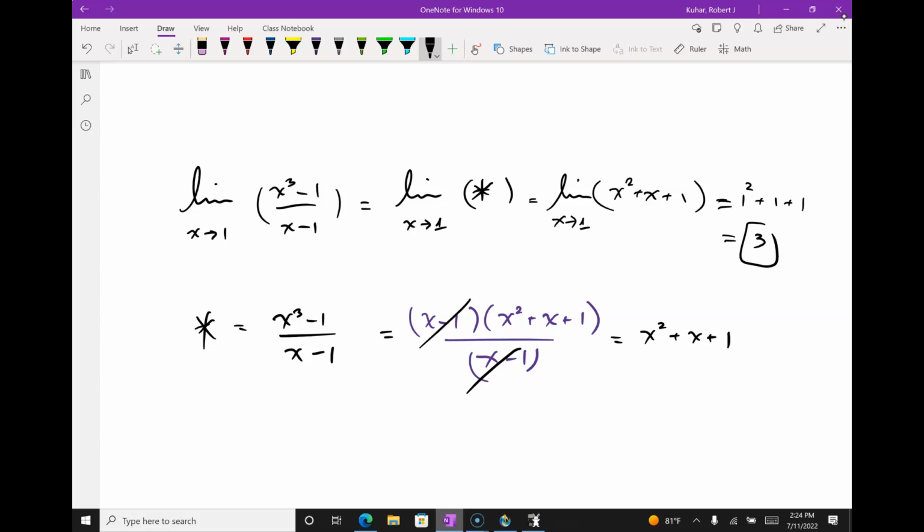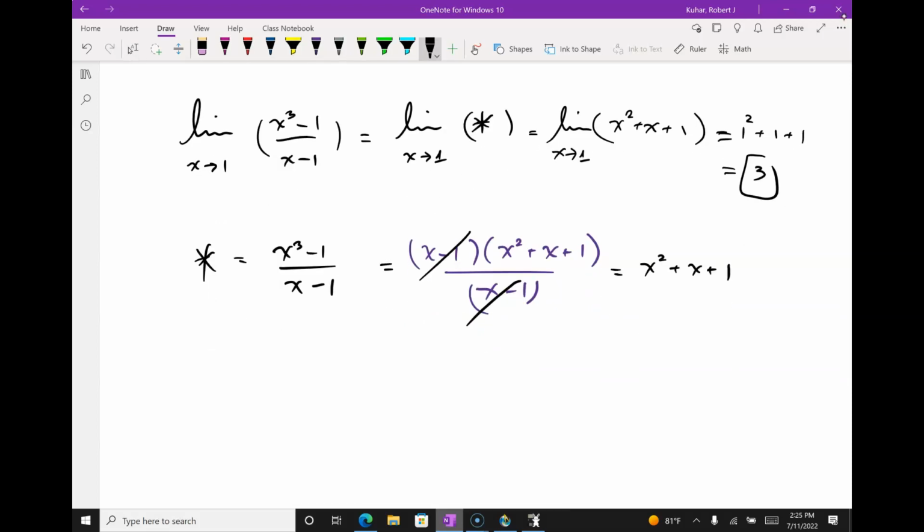So if you forget how to factor, you're going to have to go back and review all your factoring, right? I personally use synthetic division here. Do you want to see that?